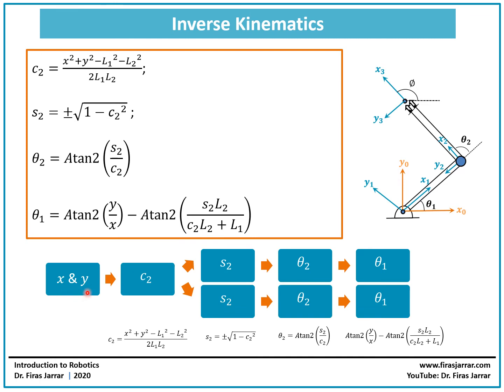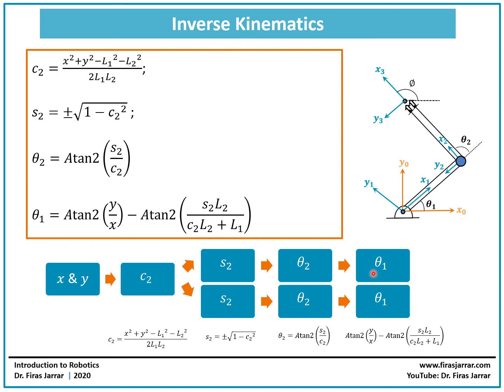So x and y will let me calculate cosine theta 2. Then if we substitute in this formula, we can find two values for sine theta 2. Each one of them will give me a certain theta 2 value, and each theta 2 value will give me a corresponding theta 1 value.